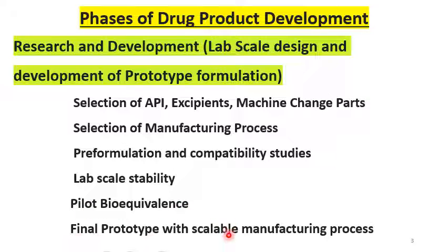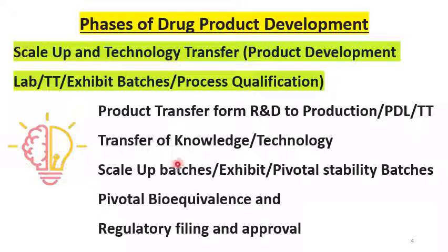Then the final prototype with a scalable manufacturing process is made ready, which passes the pilot bioequivalence and has satisfactory lab stability data and a prototype manufacturing process. So this phase gives the final prototype formula for scale up and technology transfer.